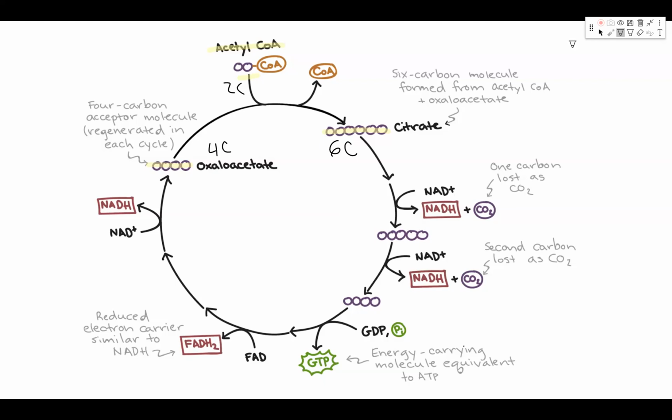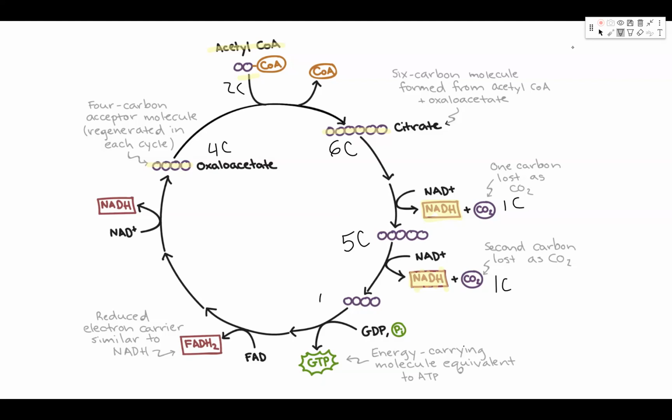Further down the cycle, we've got some NADH. That's our first NADH. And we're going to lose a carbon. We lost a carbon. Now we have a 5 carbon intermediate. In the next step, we're going to generate even more NADH, and we're going to lose another carbon.